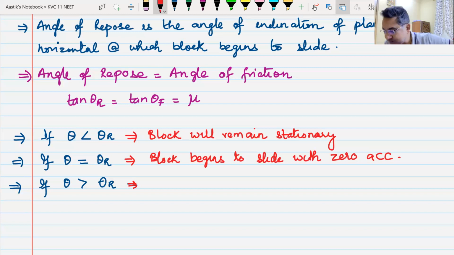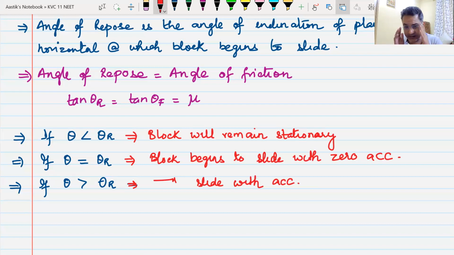No one knows the answer. If theta is greater than theta r, the block will slide, not begins, block will slide with acceleration. So now the block will also have acceleration while it is sliding. Do we understand this? Yes or no?